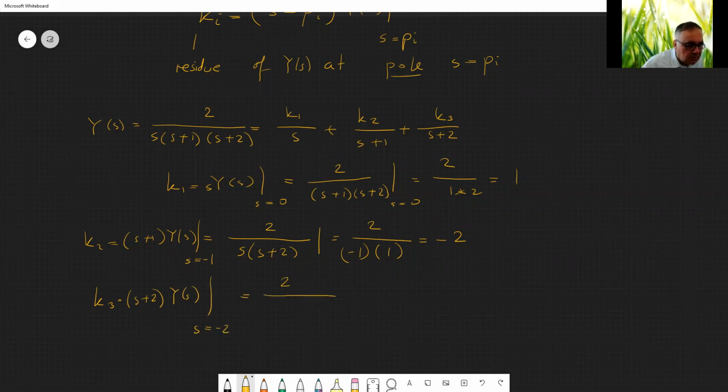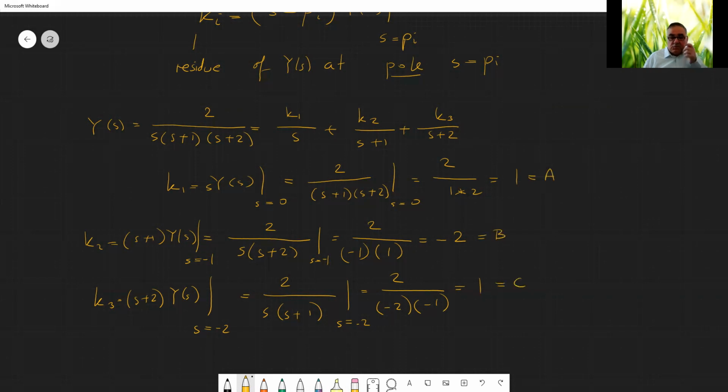So it is 2 over s times (s plus 1), which is 2 over minus 2 times (minus 2 plus 1), which is minus 1, which gives you 1. As you remember, this is what we had found before. This was A, this was B, this was C. The same result happens. This is a quick way of finding the residues of a transfer function.